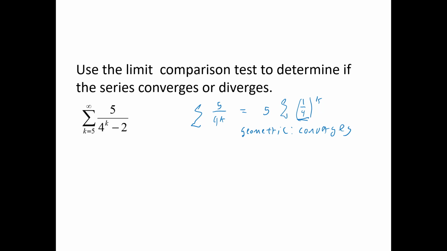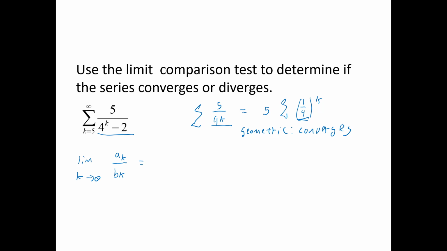And so then what we're going to do is use the limit comparison test and take the limit as k goes off to infinity of the a sub k, and these will be the b sub k, and which one's a sub k and which one's b sub k does not matter, divided by b sub k.